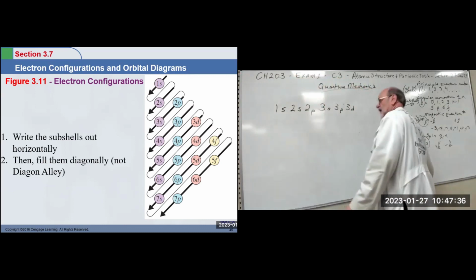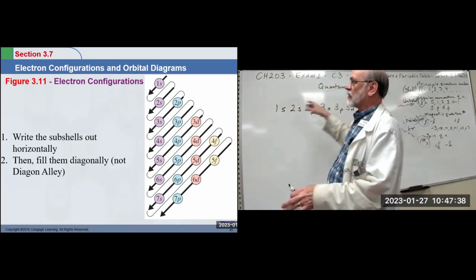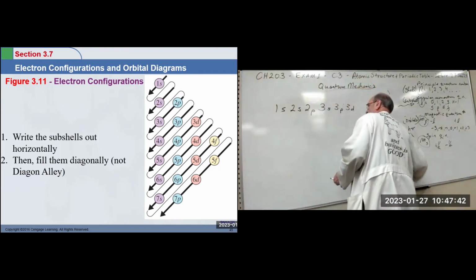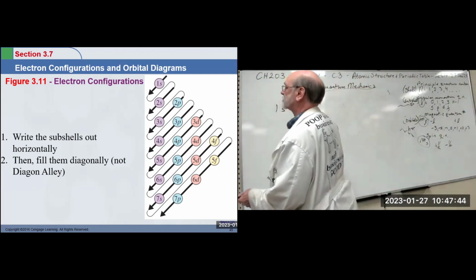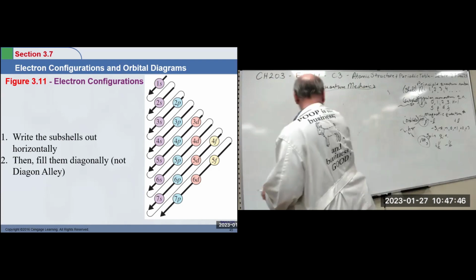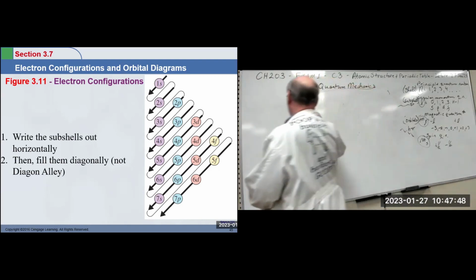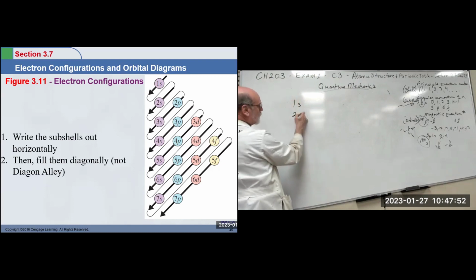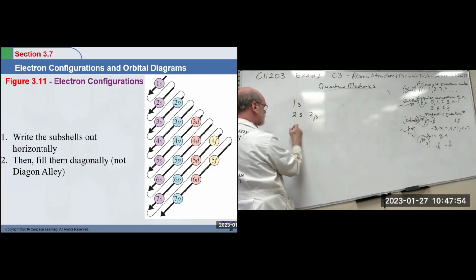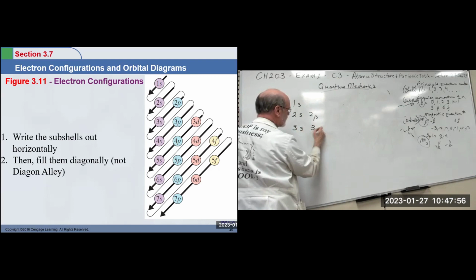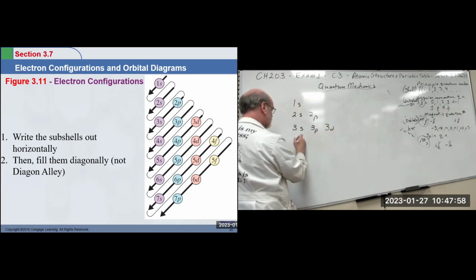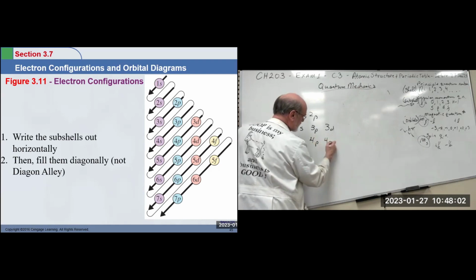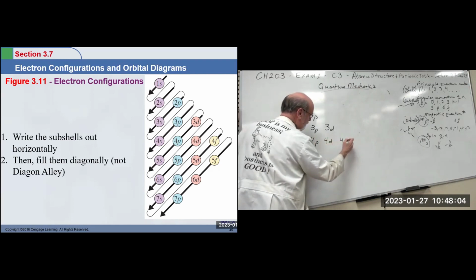All right. I said that so that this would make more sense. If we draw these out, we can have 1s, that's it. The next level, we can have 2s and 2p. The next, we can have 3s, 3p, 3d. The next, we can have s, p, d, and f.